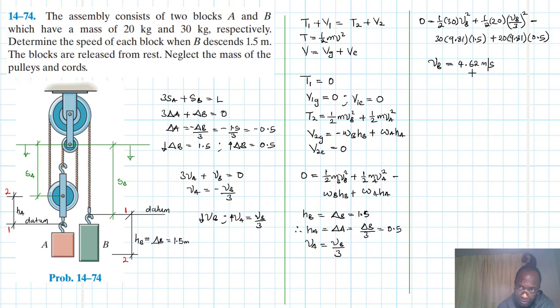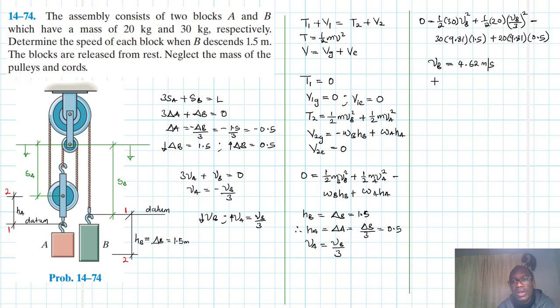Let me check it once more. 30 by 9.81 by 0.5, and then minus 20 by 9.81 by 0.5, divided by 0.5 by 30 plus 0.5 by 20 by 1 over 9, and square root of that.